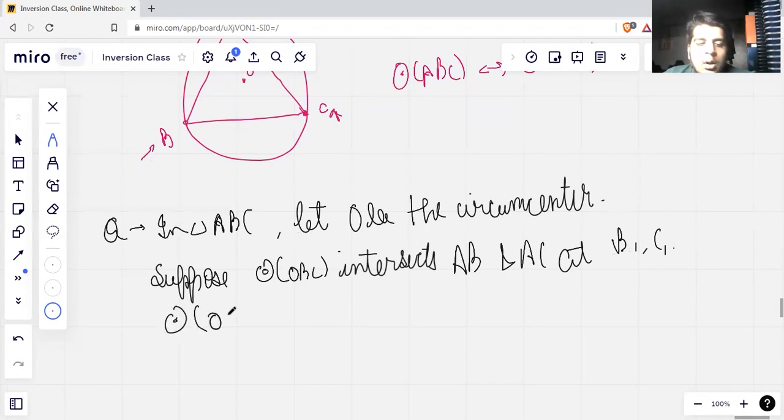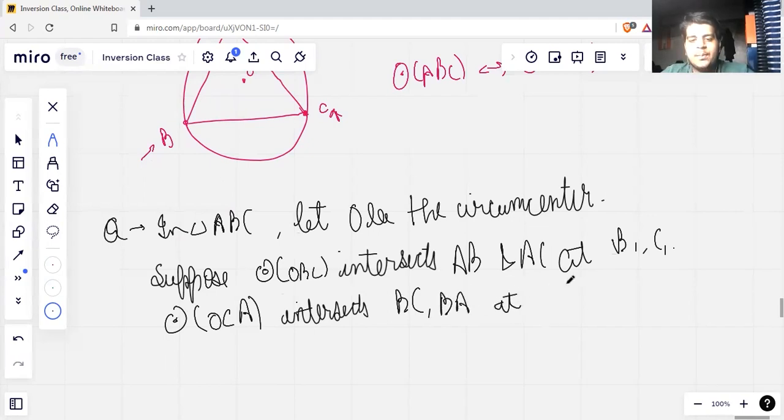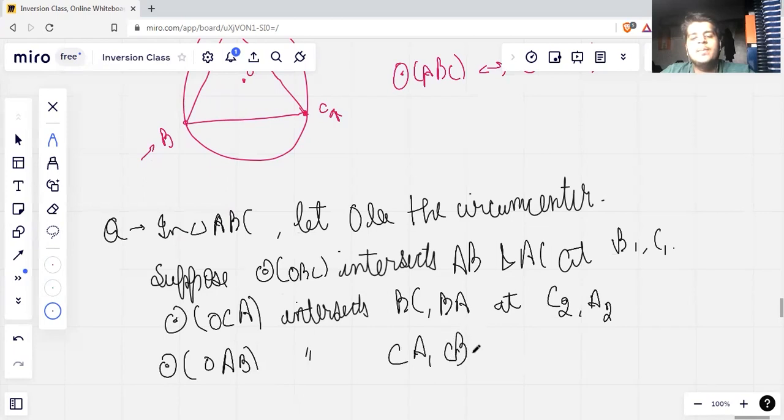Circle OCA intersects BC, BA at C2 and A2, and circle OAB intersects CA and CB at A3, B3.